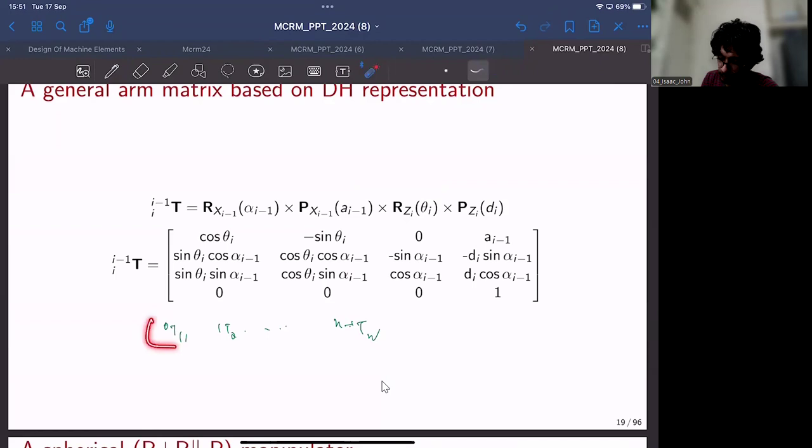And if you multiply this throughout successively, you will get this transformation from 0 to n, which is nothing but the forward kinematics equation.